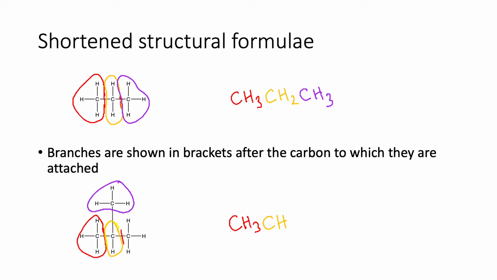So the formula of our branch is CH3. It's shown in brackets after the carbon it's attached to, so we will write CH3 in brackets. Finally, we'll consider the last carbon atom in our chain, which has 3 hydrogen atoms attached. So it's CH3.